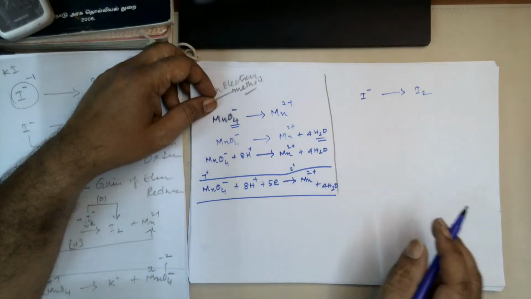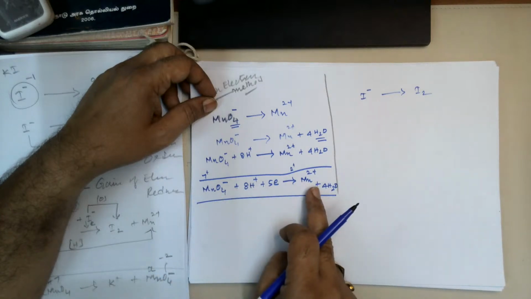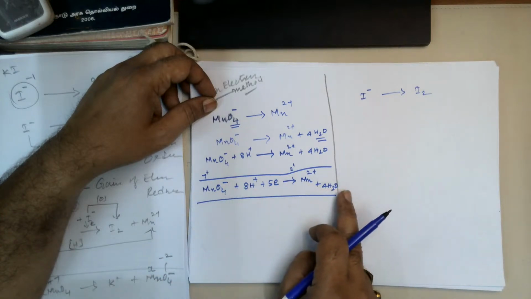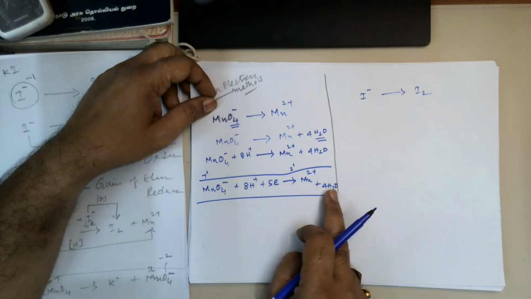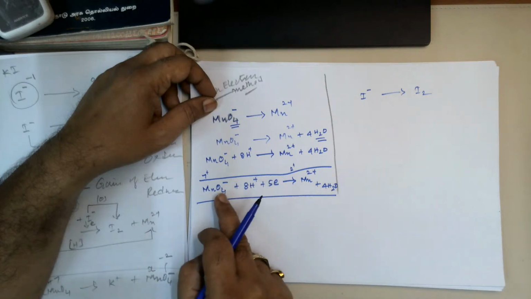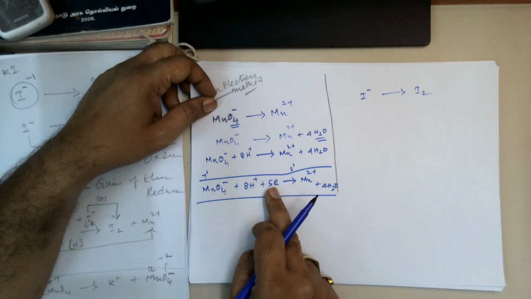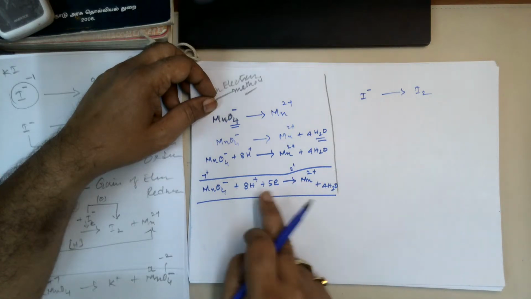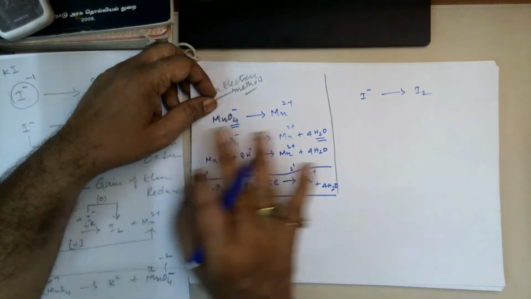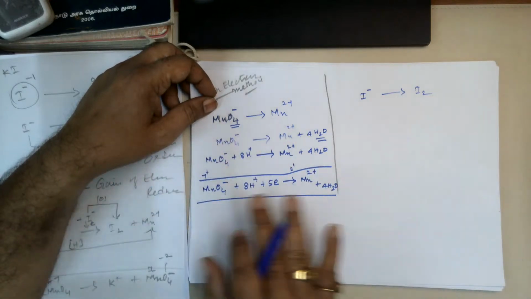Manganese, manganese. 4 oxygen, 4 oxygen. 8H, 8H. And what about the charge? Here 1 minus, here 7 plus, and here 7 plus minus 5 means 2 plus. So on both sides it is 2 plus. Got it? So the charge is also perfectly balanced.